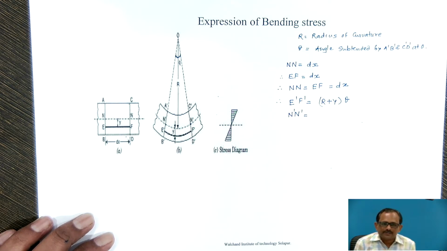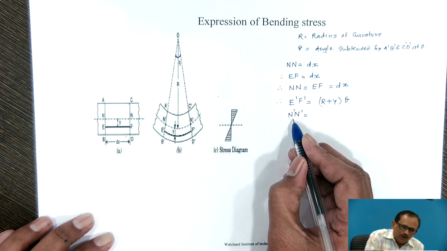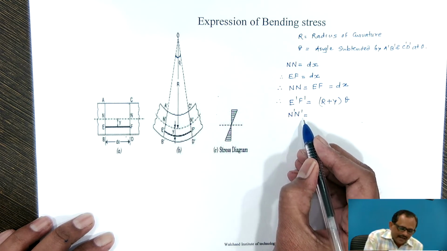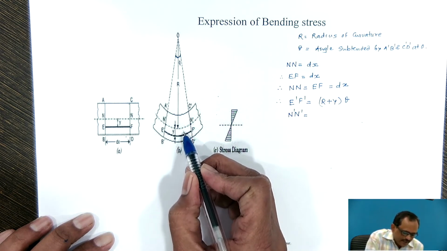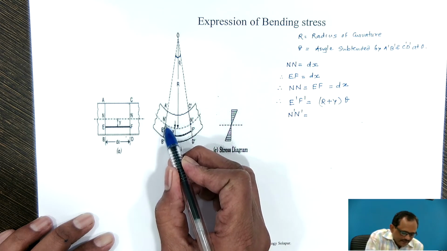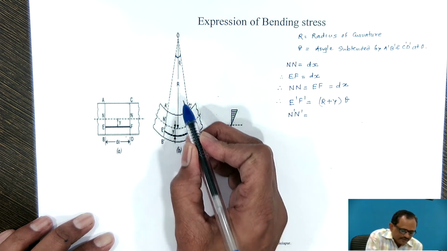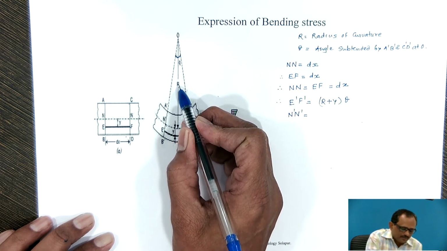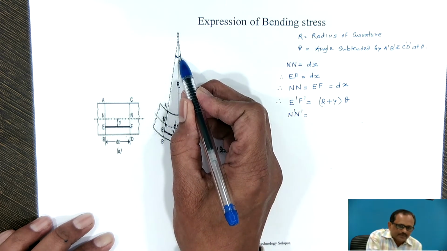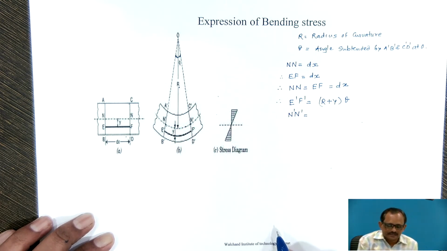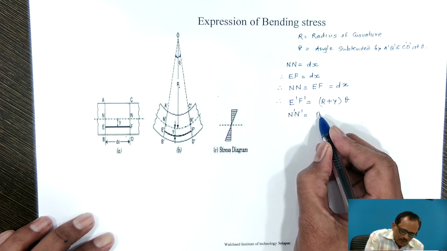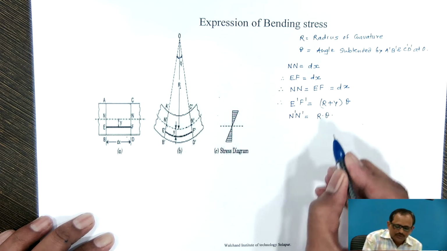That particular layer is known as the neutral layer. From figure B, the length of arc N'N' is equal to the radius of curvature multiplied by the angle subtended at the center, that is R into theta.